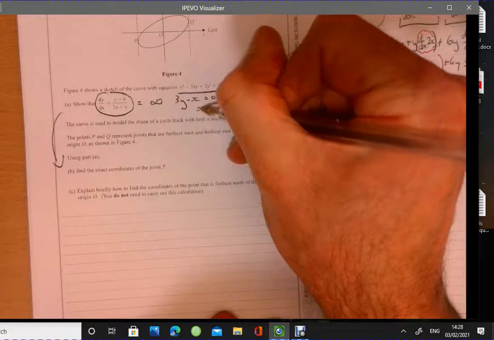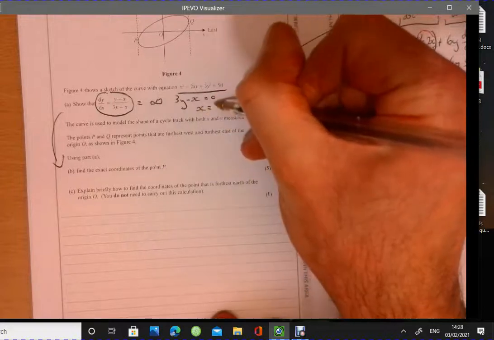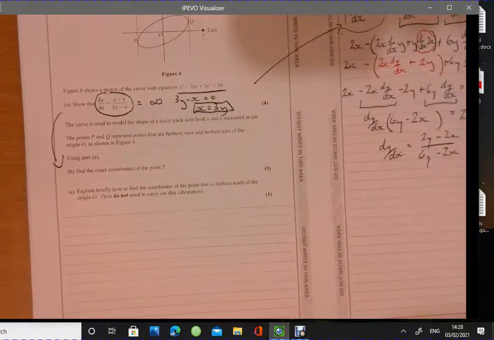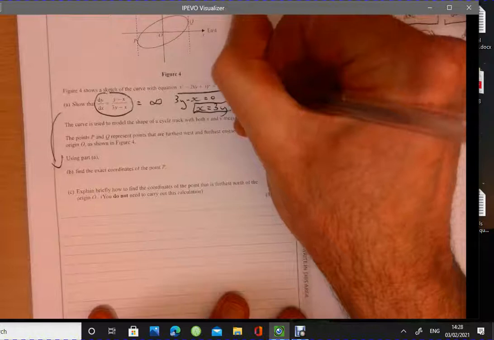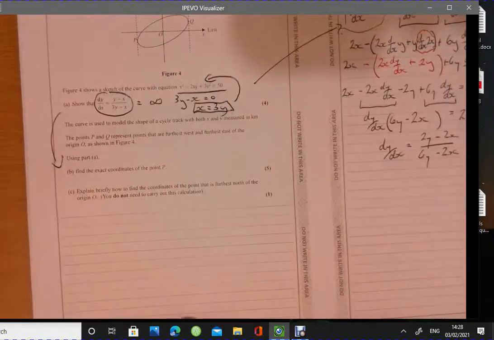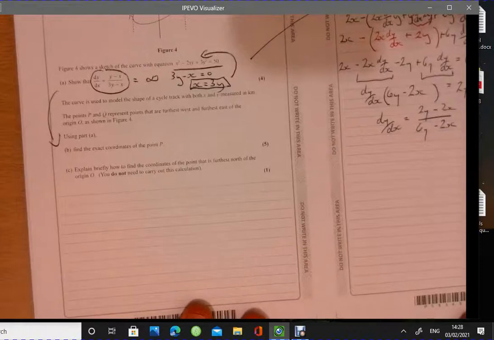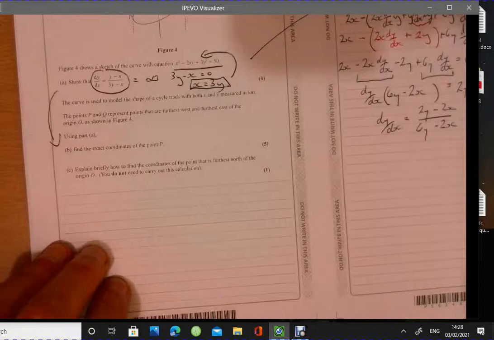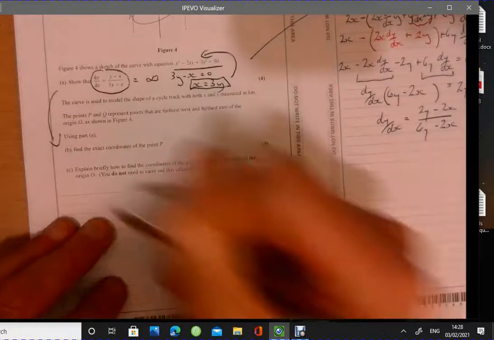So in other words, x equals 3y. Right, what do we do with that now? All we've got to do is feed that information into here, and then we can find out a value for y.